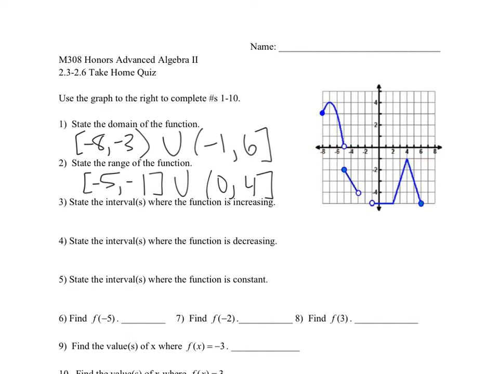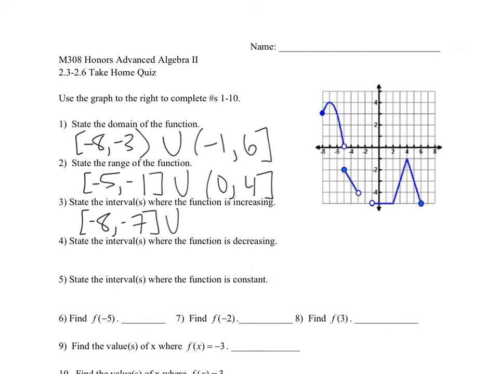Now let's do where the function is increasing. If I had highlighters, I would highlight this part right here, and those x values occur between -8 and -7, so that's my first increasing part. I have another increasing part right here. Those x values are 2 and 4. And remember, increasing, decreasing, and constant are always x values only.